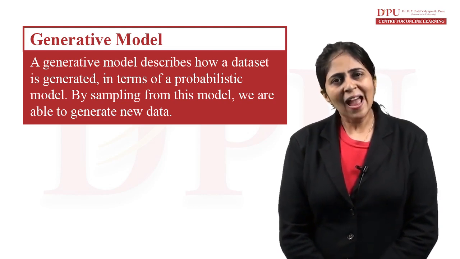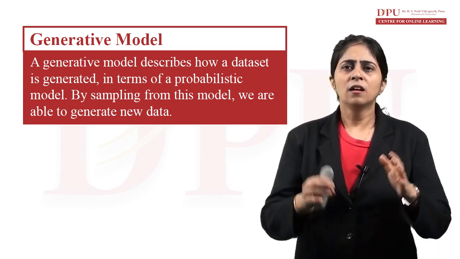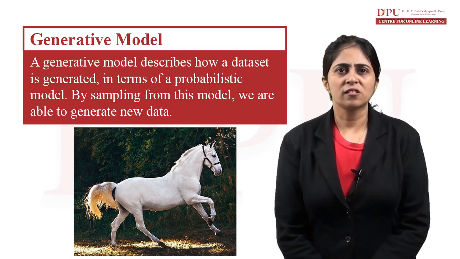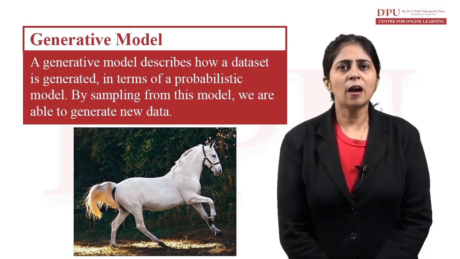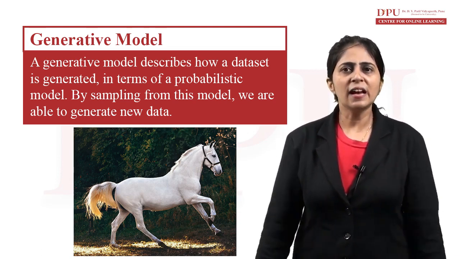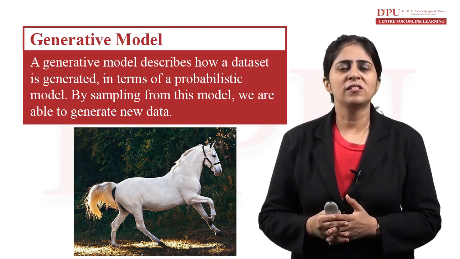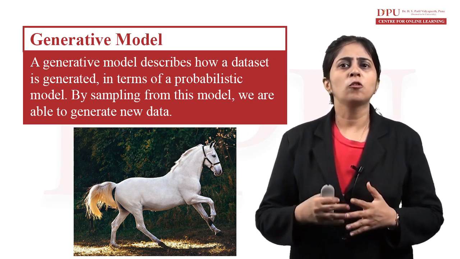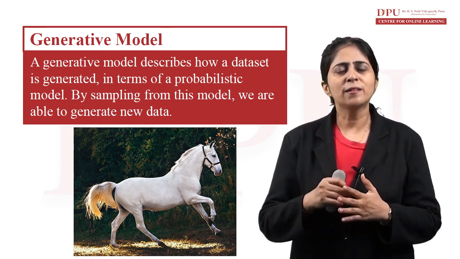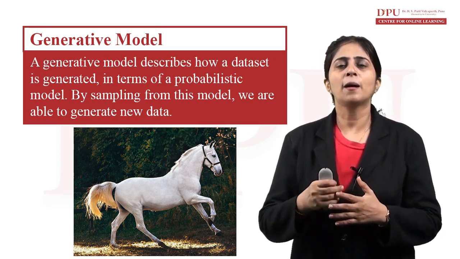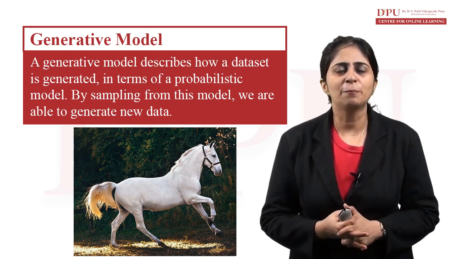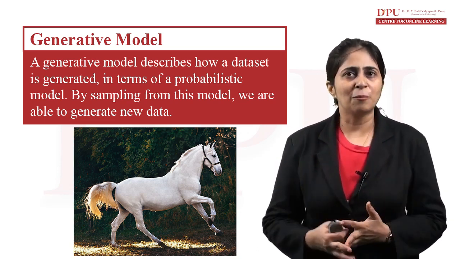Suppose we have a dataset containing, let us say, images of horses. We may wish to build a model which can generate a new image of a horse, which is fake, which is not the original thing, but still it looks real because the model has been trained in such a way that the appearance of the images will be similar.